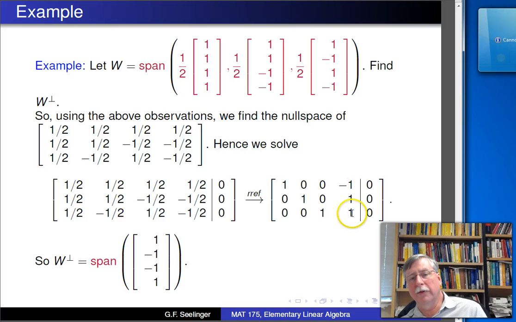Again, we've got one free variable. We make that t, we solve for the rest, factor out the free variable. And so here we've got ways of computing W perp. We've got ways of doing projections onto W perp this way.